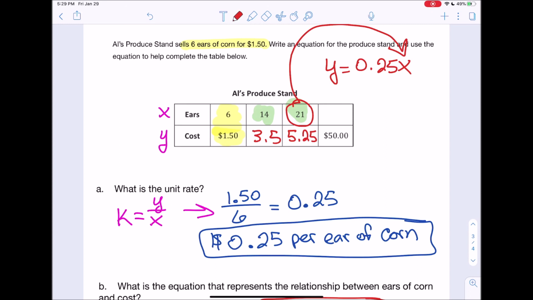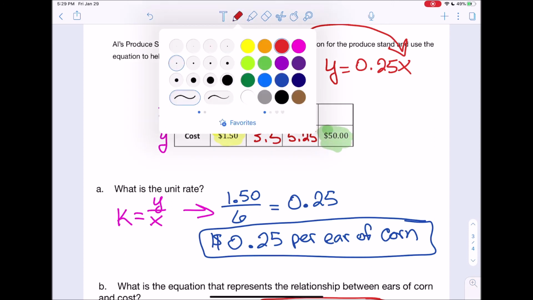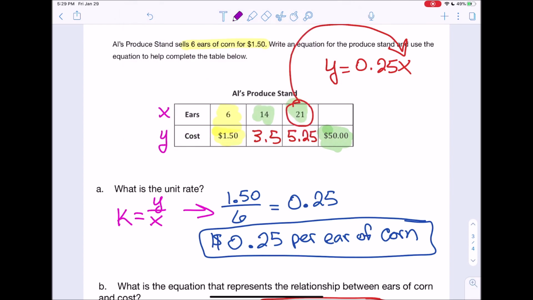But wait, now it's going backwards. Instead of giving us x, now they're giving us y at $50. Okay, well, we know that the x is times 0.25 to get y, right? We multiplied by 0.25 each time to the x to get y.